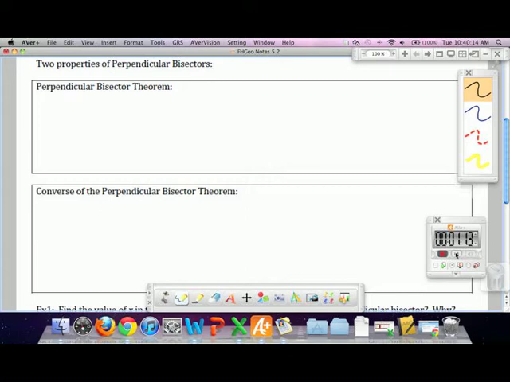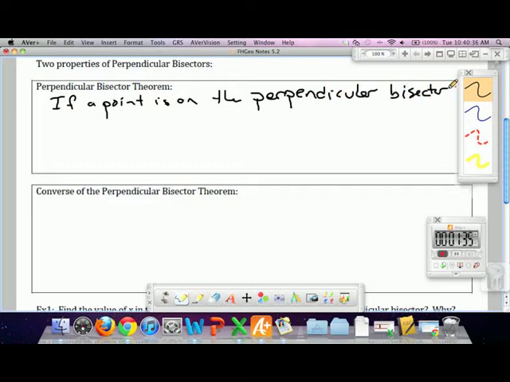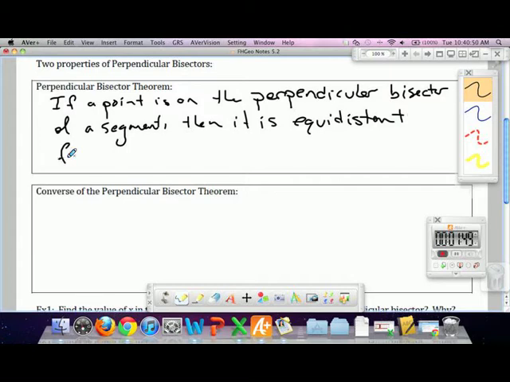Perpendicular bisector theorem says that if a point is on the perpendicular bisector of a segment, then it is equidistant from the endpoints of the segment.